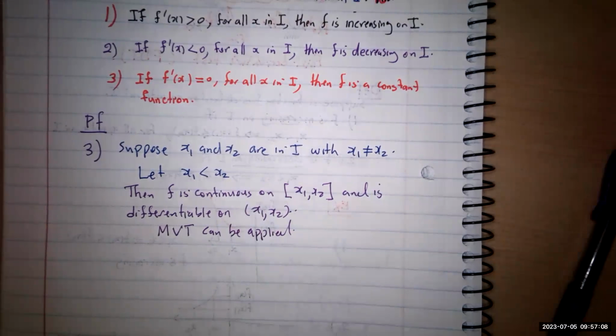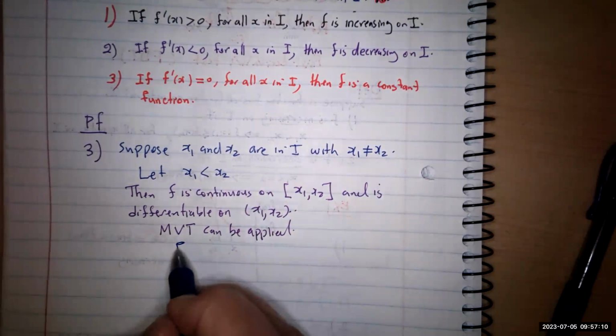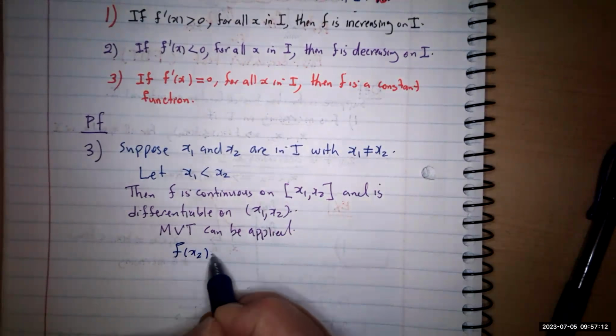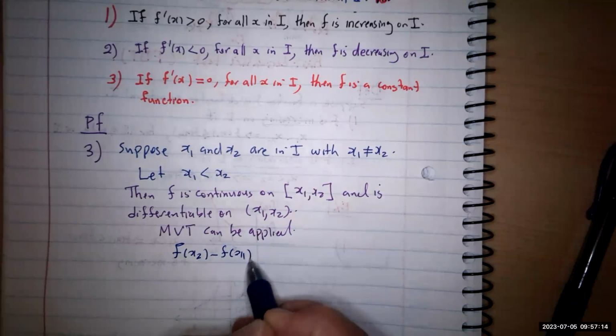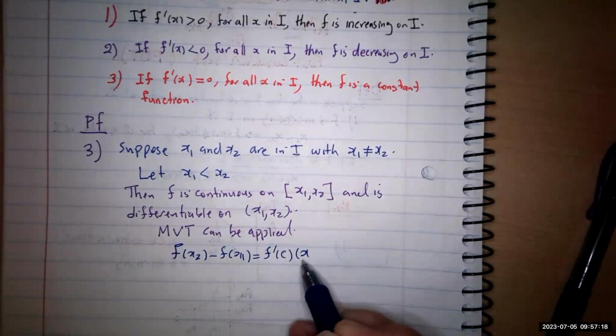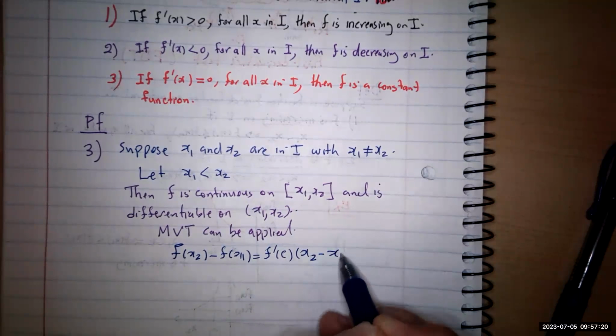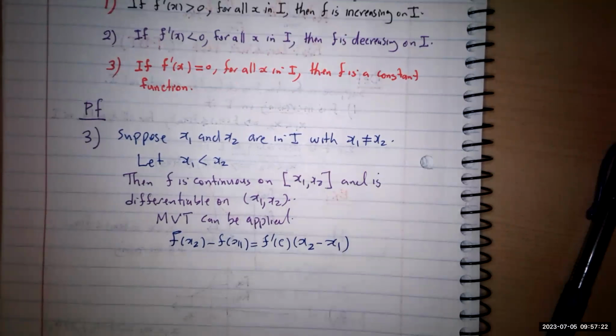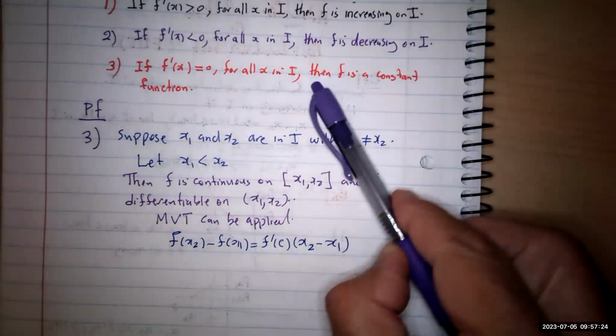Which is, by MVT, f of x2 minus f of x1 is equal to f prime of c times x2 minus x1. So it depends which of these cases you are going to use.